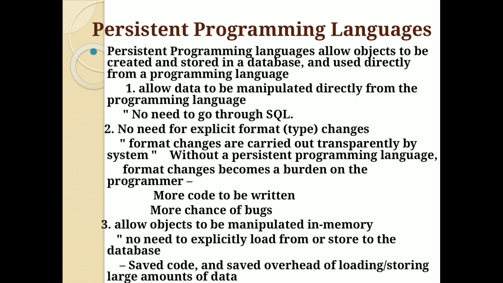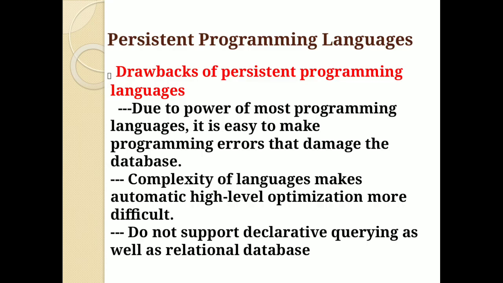Persistent programming languages allow objects to be manipulated in memory. No need to explicitly load from or store to the database. These languages save code and save the overhead of loading and storing large amounts of data. Here are the drawbacks of persistent programming language.